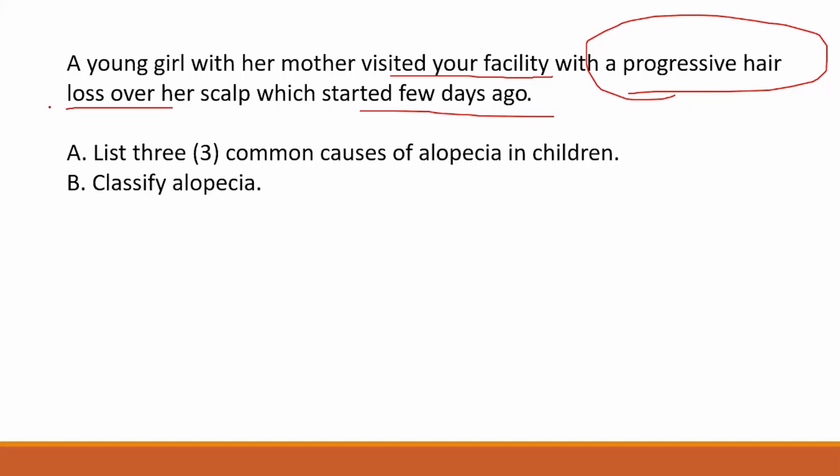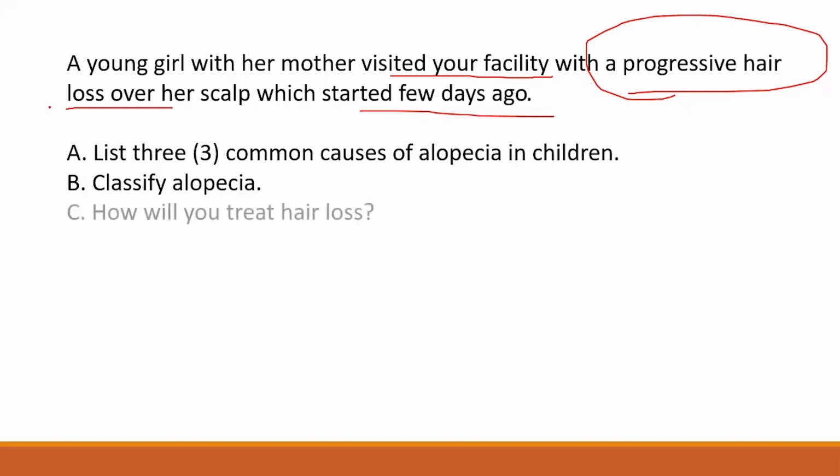You don't see any hair again, isn't it? So there is fibrosis and permanent hair loss. That is the scarring type of alopecia. Then we can talk about the non-scarring type of alopecia, whereby the hair can always grow back or return.